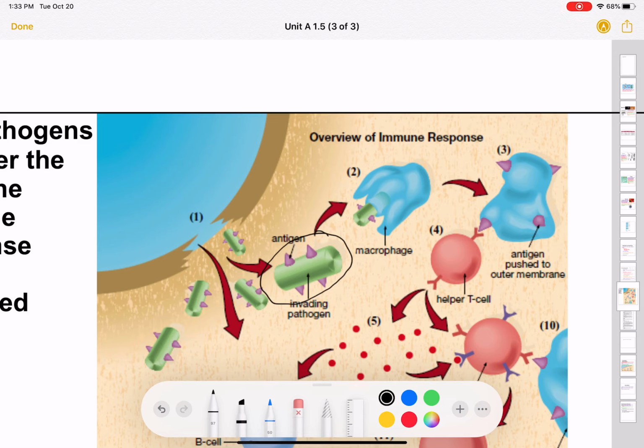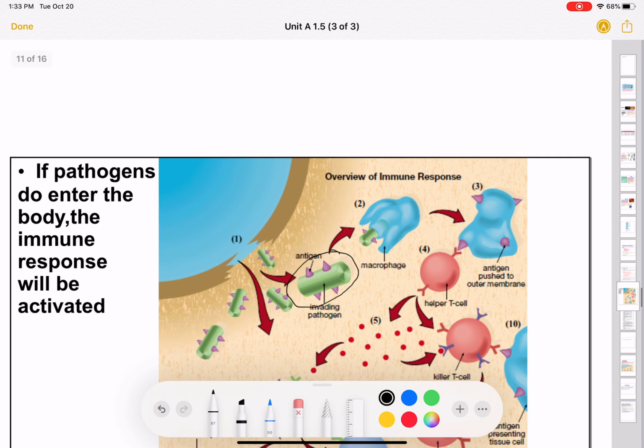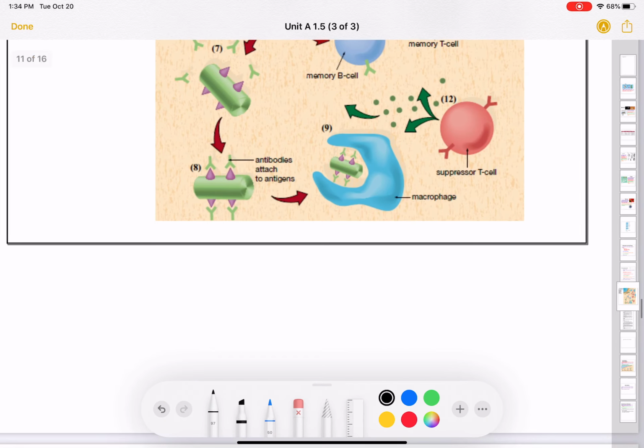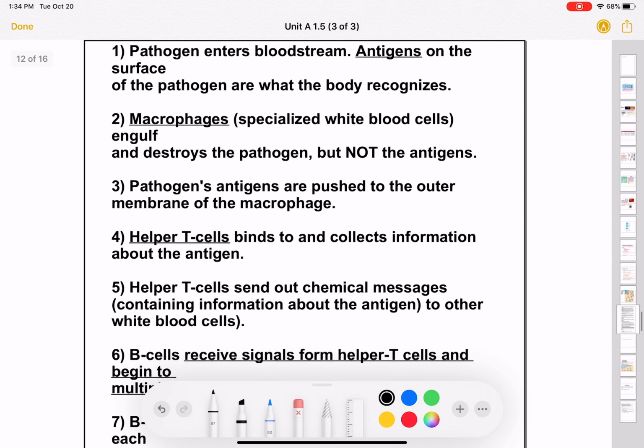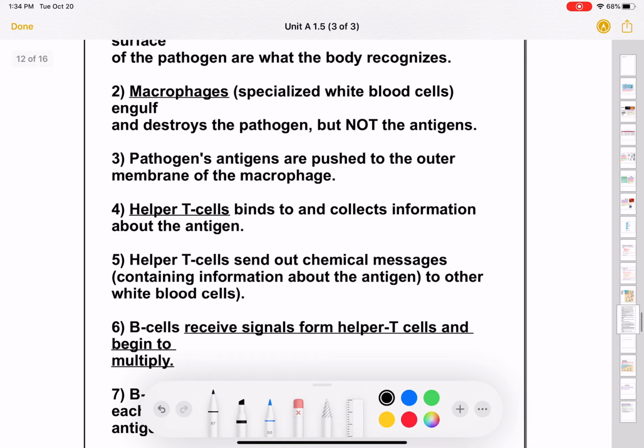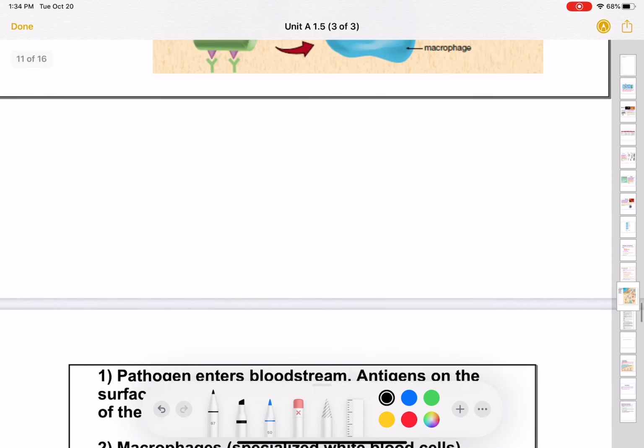So then number 3, then the antigens are pushed to the outer membrane of the macrophage so that they can be detected by the helper T cells. So number 3 is this antigens are pushed to the outer membrane of the macrophage. In number 4, helper T cells bind to and connect information about the antigen.